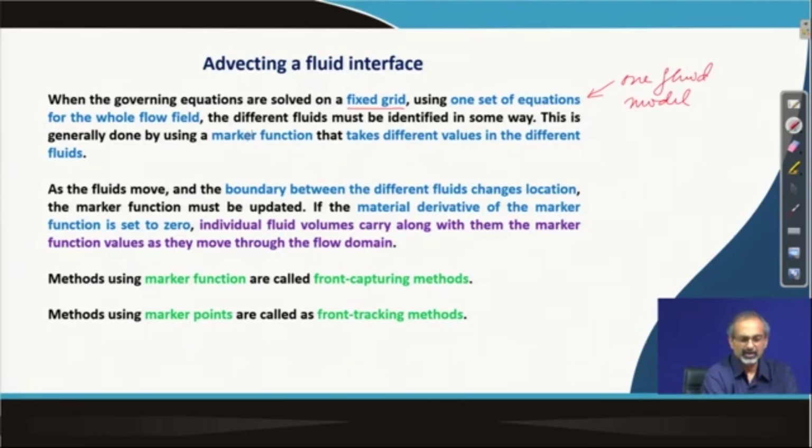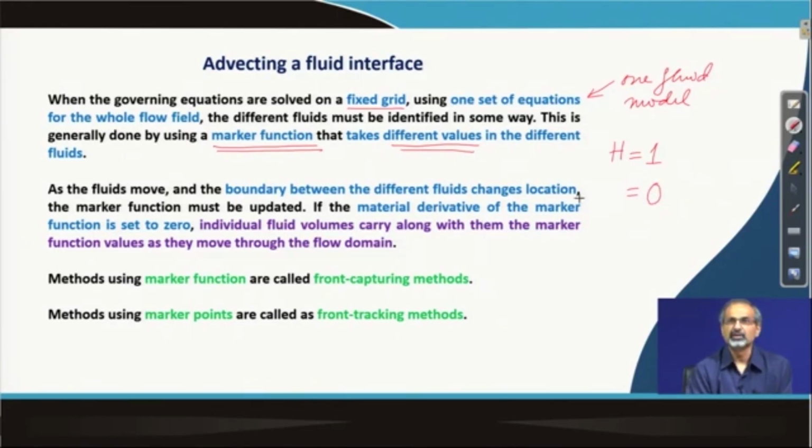In order to do that, we make use of a very important concept, marker functions, which we had briefly discussed in the context of level set. Here we will expand further on this concept, and we notice that this marker function will take up different values in the different fluids. For example, we had earlier shown that in one fluid, when we treat it as a sharp interface region, the Heaviside function can take up a value of 1, in another fluid it can take up a value of 0.